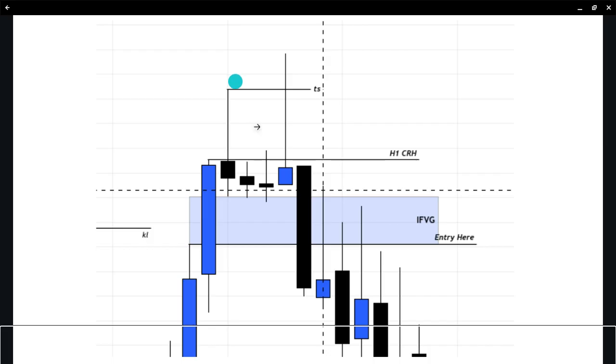I'll make a video on SMT as well. You close below, you use the IFVG as an entry point. You can see here. Understood? So remember this when you're looking at the charts. If you see any particular FVG flipped at a particular time, use it as your entry point.